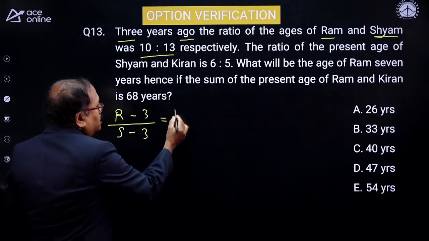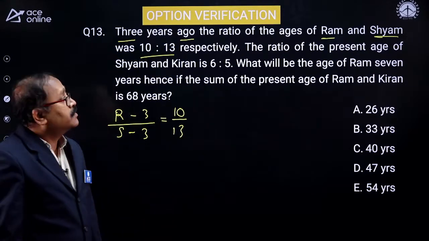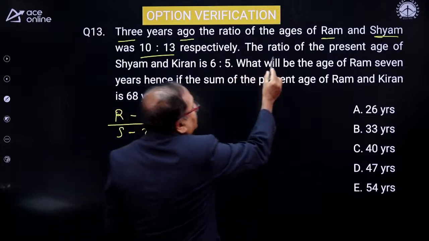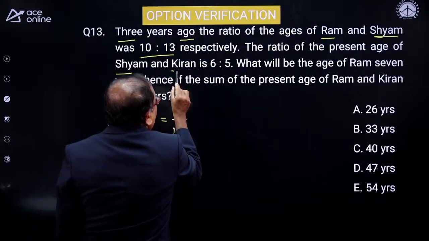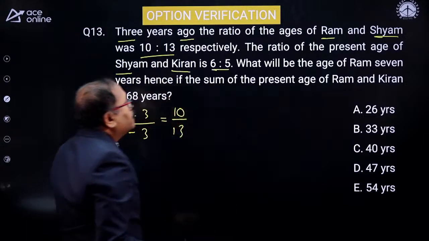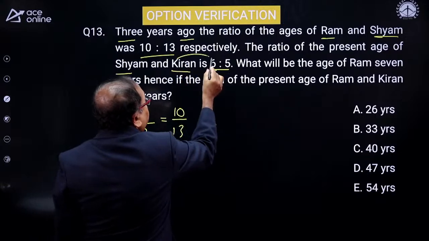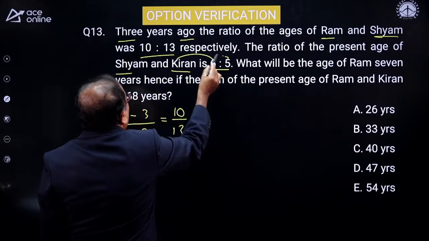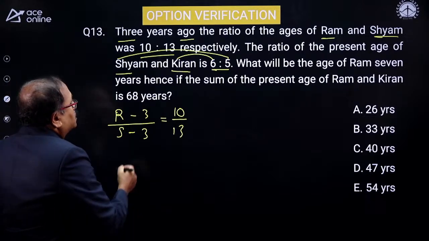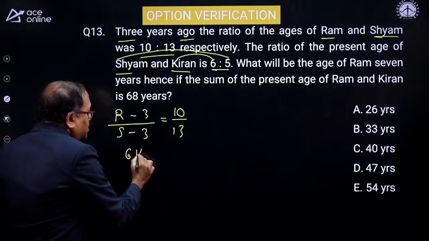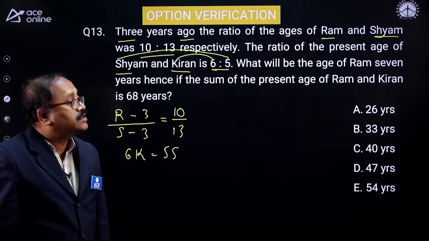The ratio is 10:13, given to us. Next, the ratio of the present ages of Shyam and Kiran is 5:6. That means 6K is equal to 5S, this is what is given to us.